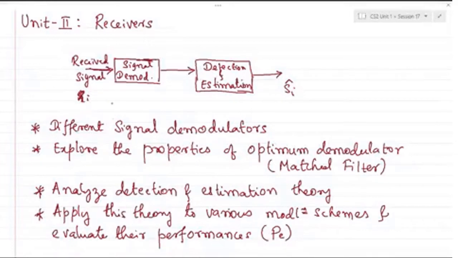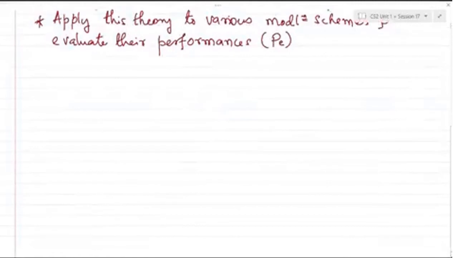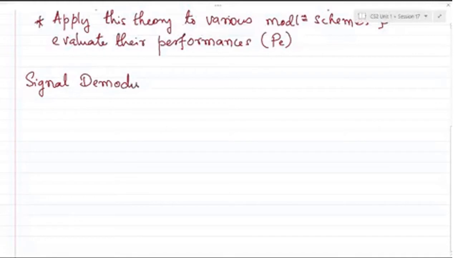So receiver analysis can be split into two parts: when it is corrupted by AWGN and by band limited noise. You will understand the importance of both as we progress through the units. With that, we will begin with the first part of the discussion, the concepts involved in demodulation.